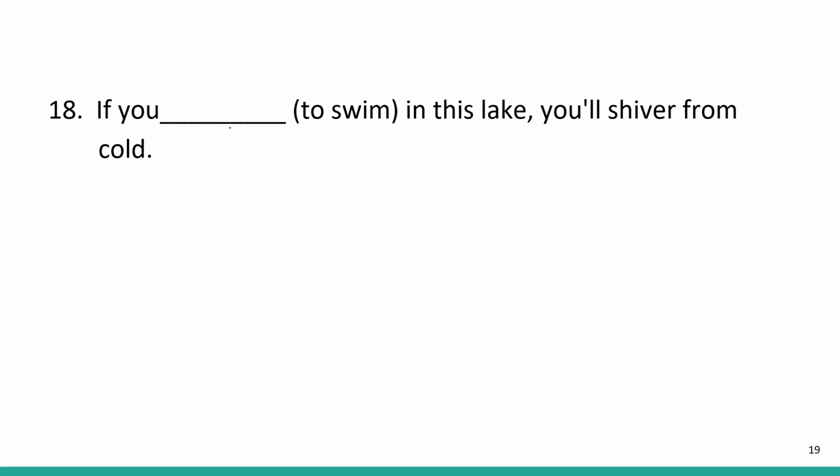Now the 18th question, if you dash to swim in this lake, you will shiver from cold. Now you will is future indefinite. So the first part should be in present indefinite. So if you swim, you is plural subject. So swim, that is verb first form is required. So if you swim in this lake, you will shiver from cold.